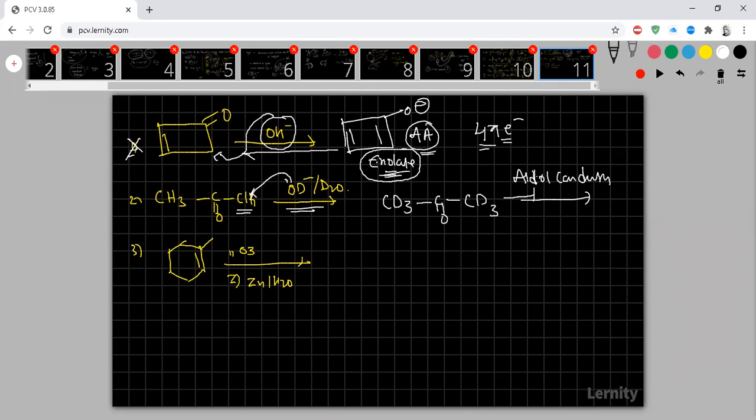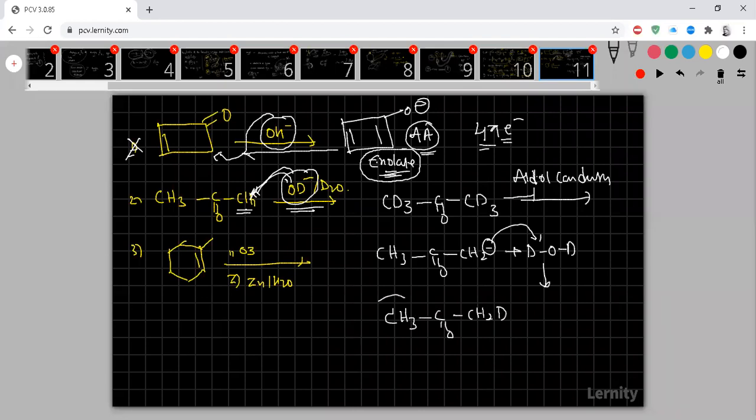But that is wrong. First, this OD minus will take the hydrogen from here, then we will get CH3CHO, CH2 minus. This will take the deuterium atom from the D2O, then we will get CH2D. Like this, all the alpha hydrogens will be replaced by deuterium atoms. Then we will get this one. After the formation of this, only then aldol condensation will take place.